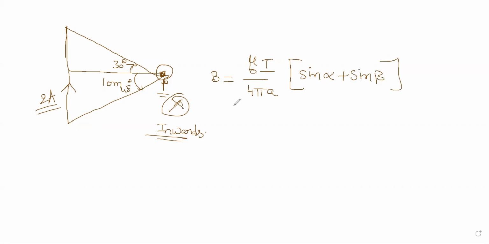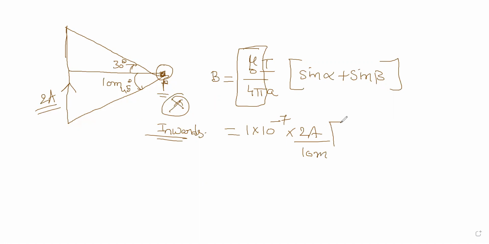Straight, plug that in. Mu naught by 4 pi, this value we have to find. Mu naught by 4 pi value is 1 into 10 to the power of minus 7, as I told you. Now current I is 2 amps, and the distance is 10 meters.